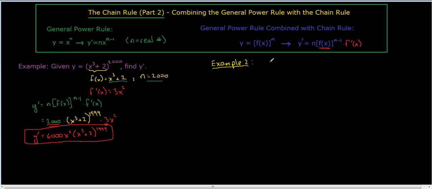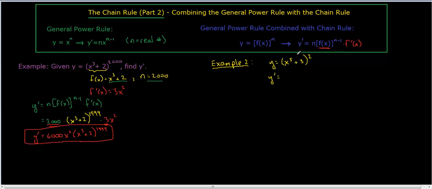Let's consider a smaller value for n. Let's say we have x to the 5th plus 3 to the second power. And we want to apply this general power rule with the chain rule.